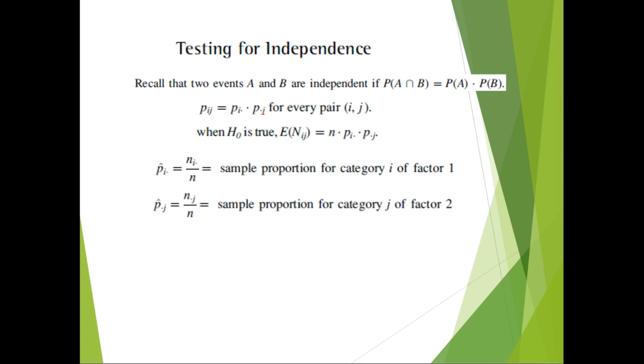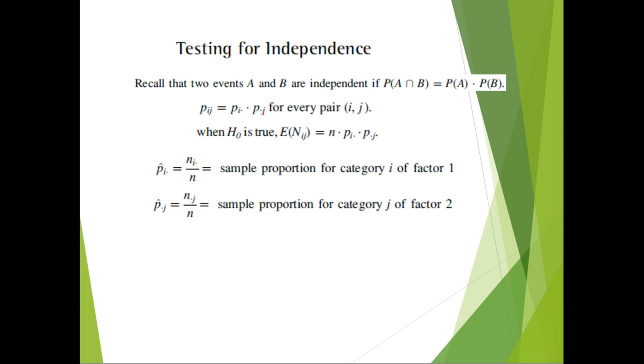And similarly, p hat dot j is the estimated probability of a randomly selected individual falling within category j of factor B or factor 2, and that will be the total in column j divided by the grand total. So that gives us the sample proportion for category j of factor 2.